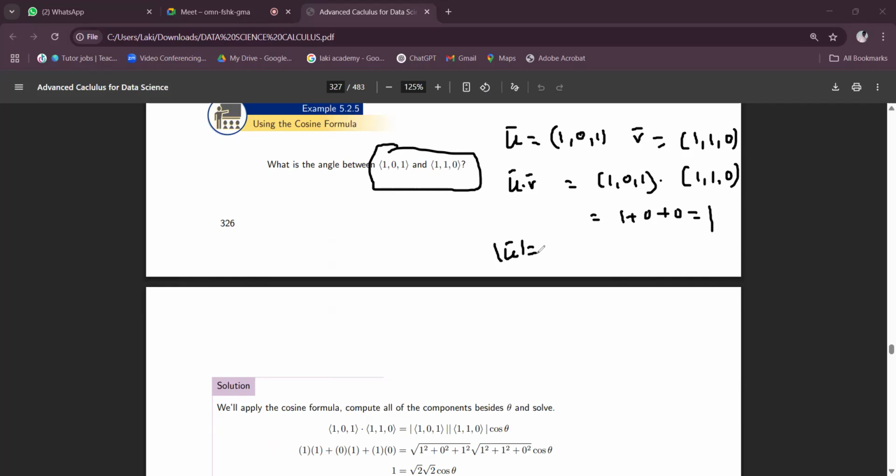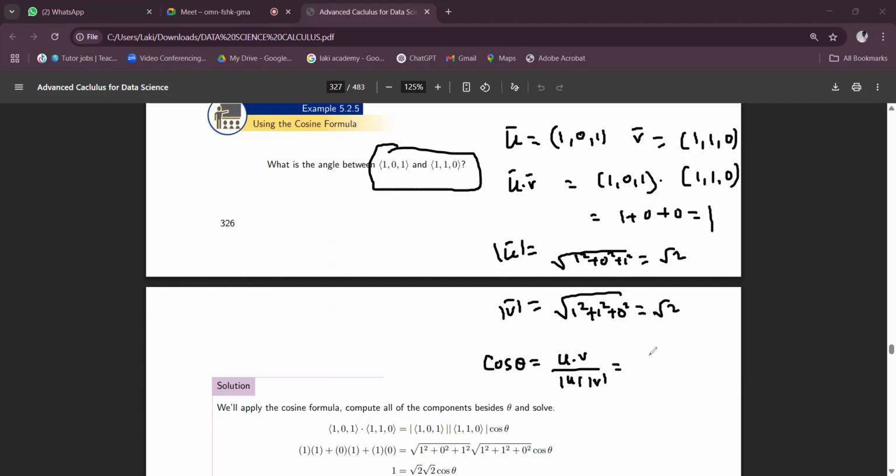The dot product is 1, and the magnitudes are root 2 into root 2, so the result is 1 by 2.